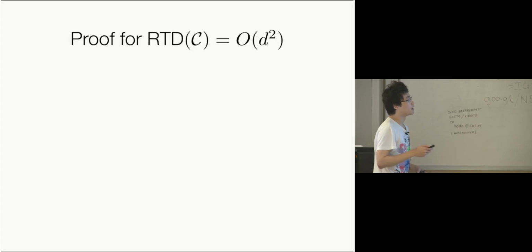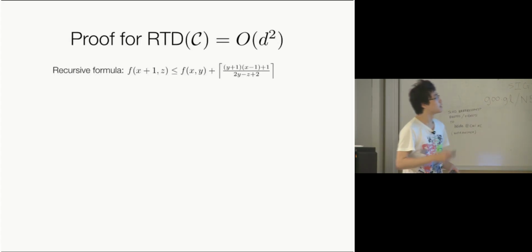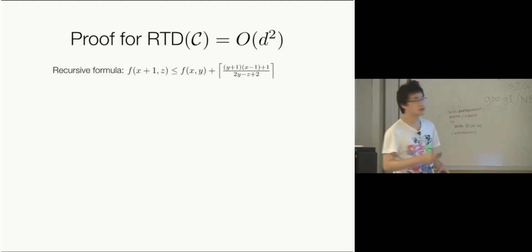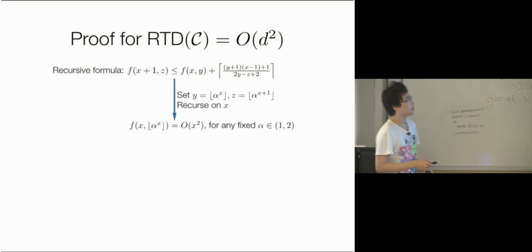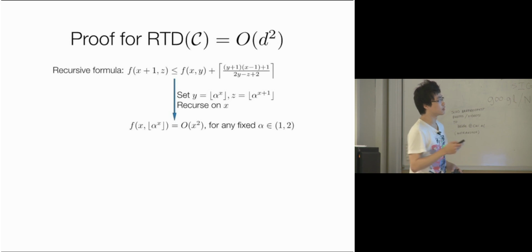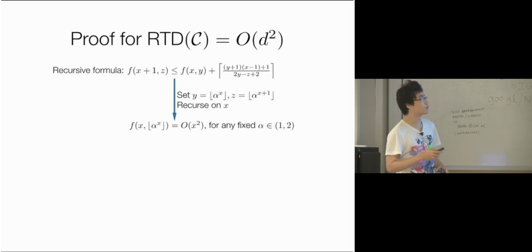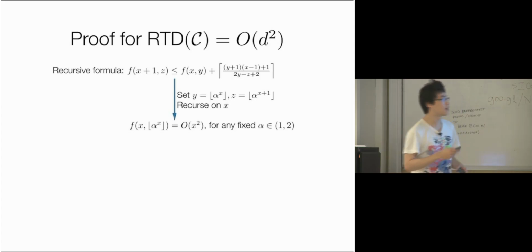Now let's start the proof. We start with the f function. We first construct a recursive formula for the f function, and then based on this recursive formula, we choose proper values for y and z, and then we recurse on x. We get a quadratic bound for f of x and alpha to the x.